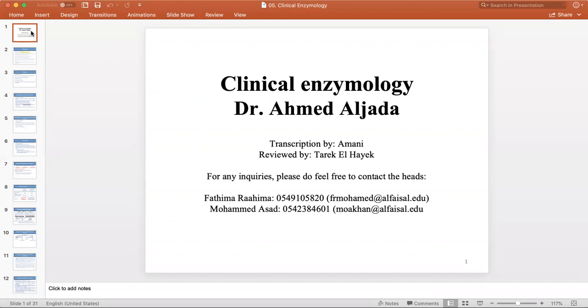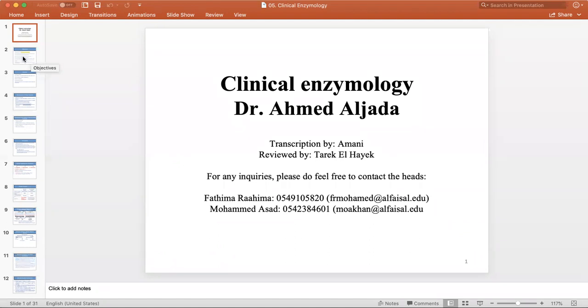They have their specific rates. We have certain activators or inhibitors of these enzymes, which can change the rate of the reaction. It might increase the rate, decrease the rate, inhibit the enzymes, and so on. So that's basically about the enzymes, just to give you guys a brief idea about it.